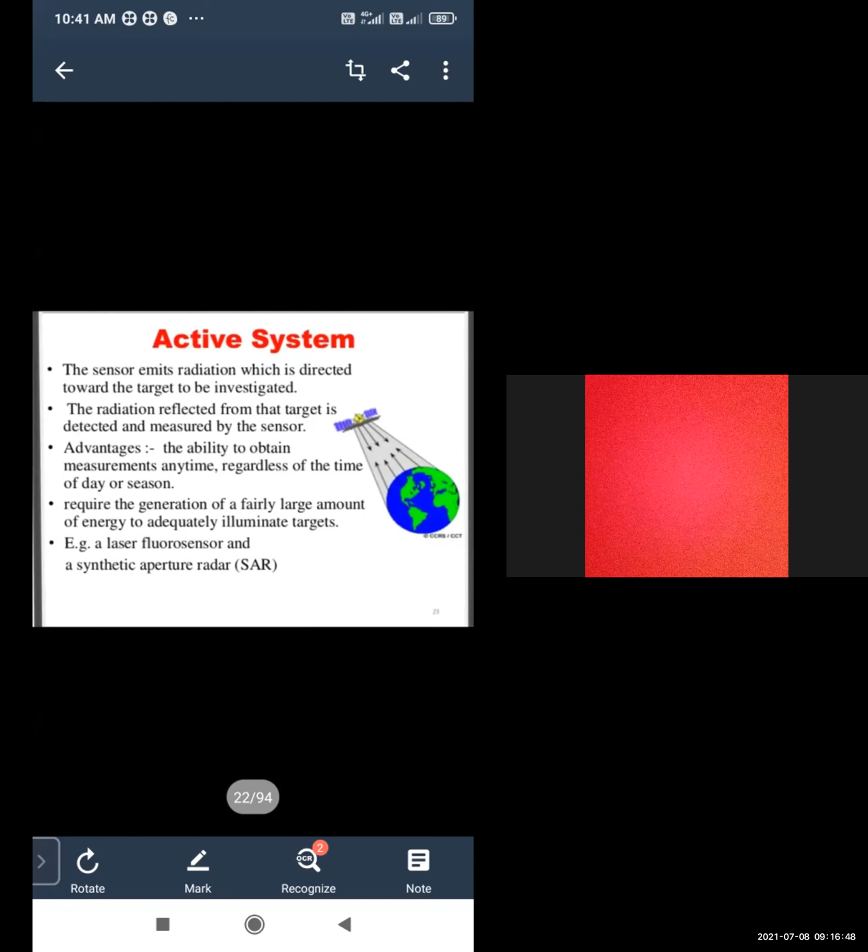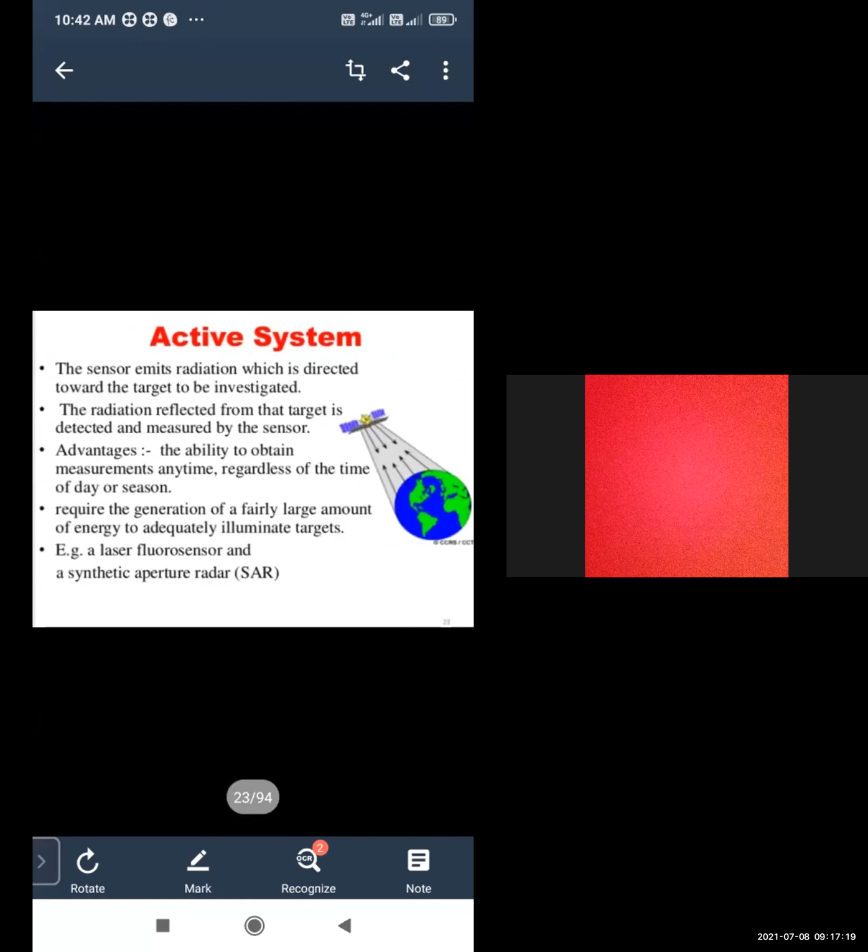Regardless of time of day or season, or also in bad weather condition, it is in working condition. So this is the advantage of active system. It requires the generation of a fairly large amount of energy to adequately illuminate the target, as for example laser fluorescence and synthetic aperture radar, SAR. This is a type of active sensor or active system of remote sensing.